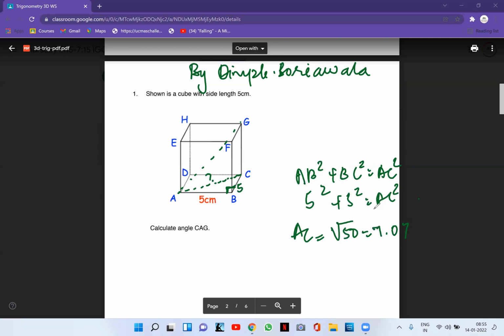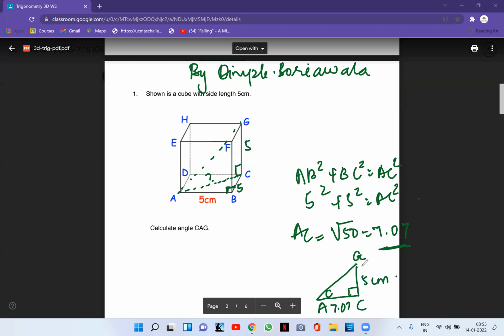Now, I want to find CAG. I will draw one small triangle over here, which is this CAG. We know all the angles are 90 degrees, so this part will also be 90 degrees. I have already got CA as root 50, or you can say 7.07. All these sides are equal, so this is also 5 centimeters.